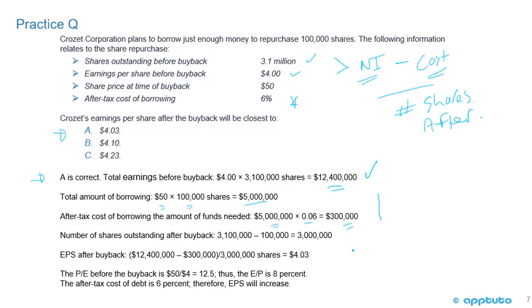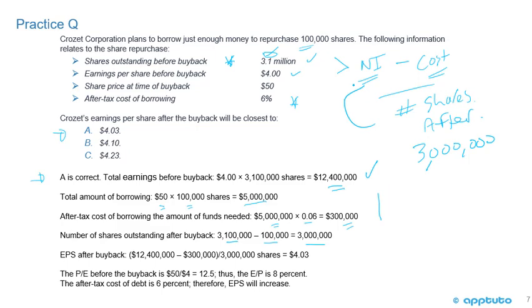And so you can see that the number of shares outstanding after the buyback is going to be 3.1 million minus the 100,000, which is 3 million shares. That's really easy because the shares outstanding before the buyback were 3.1 million, and they say they're going to buy back 100,000 shares. So again, basically don't even need the calculator for that, we've got our denominator. It's going to be 3 million.